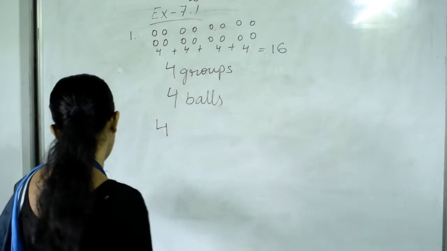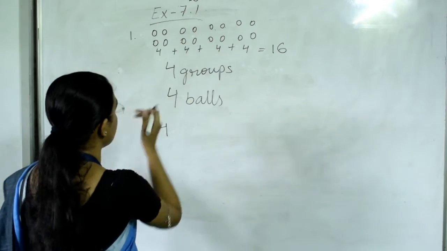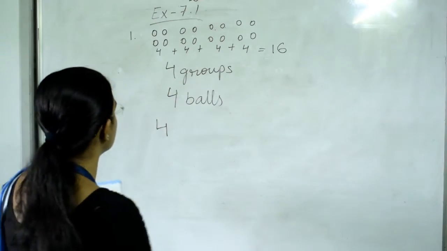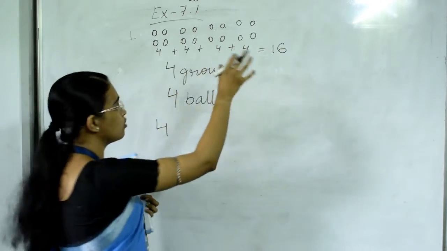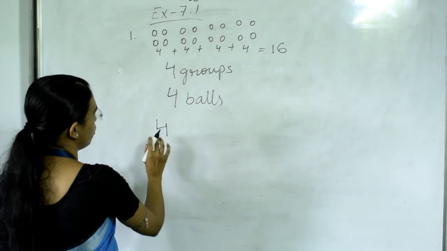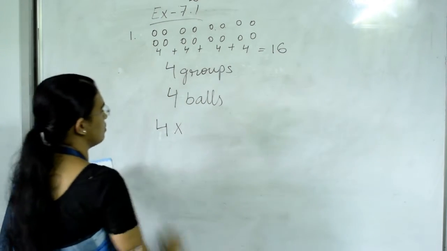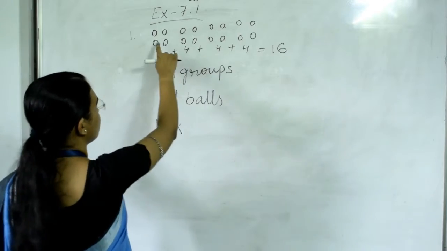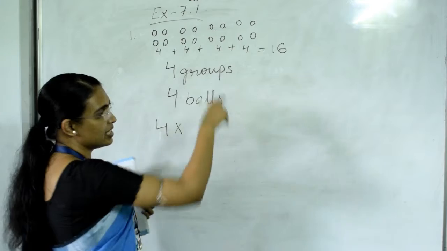For that, what we have to do is, we have written 4 times. That means we have drawn 4 groups, and in each group we have drawn 4 balls. So I have written 4 here for 4 groups and put the multiplication sign. Then how many balls does each group have? 4 balls. So this is repeated addition.